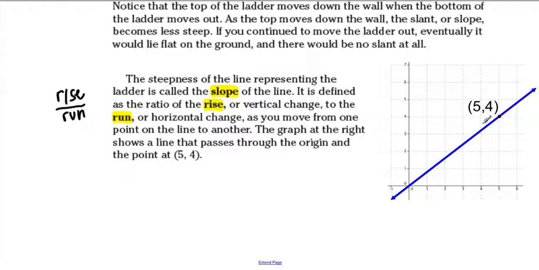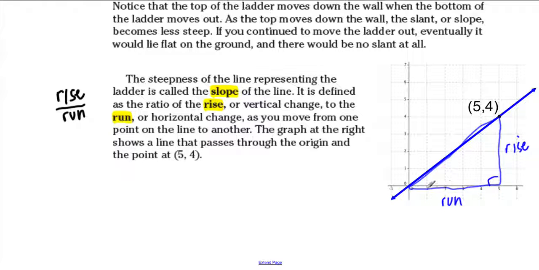To find the slope of this line, we want to find the rise and the run. If we start from the origin, the rise is the vertical change and the run is the horizontal change. So we are going to make sort of a right triangle where this is our run and this is our rise.